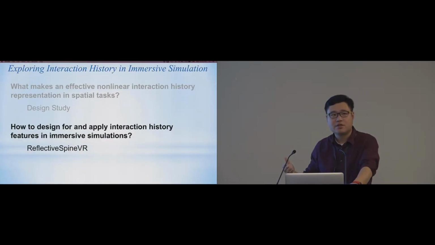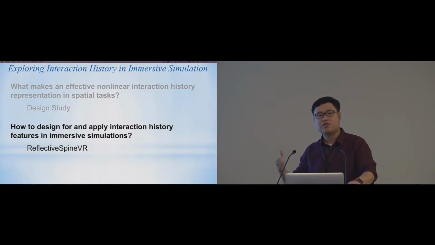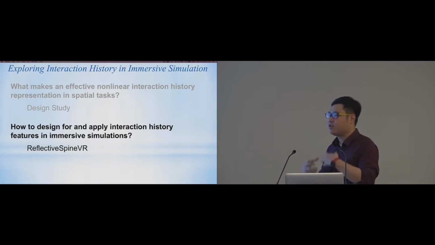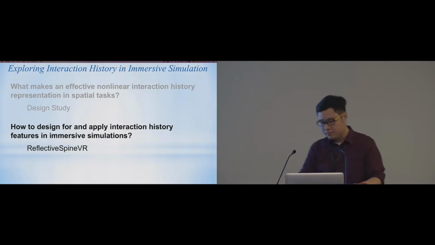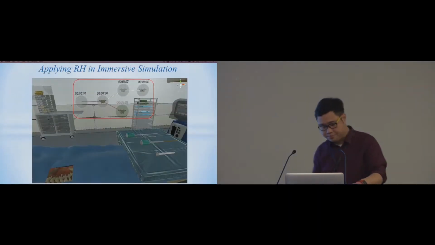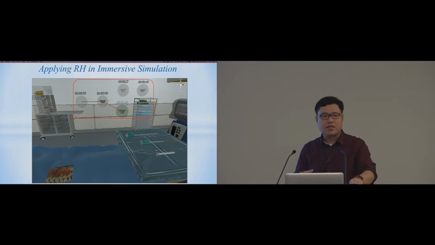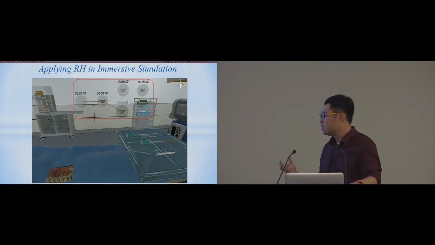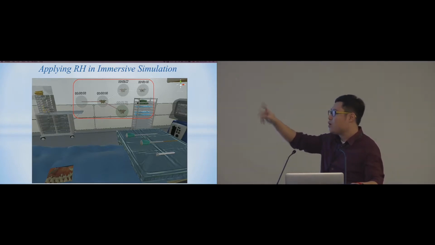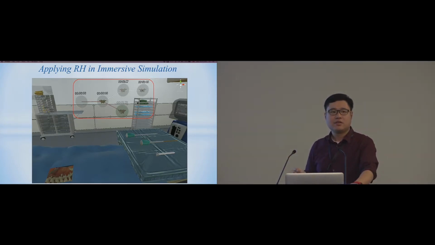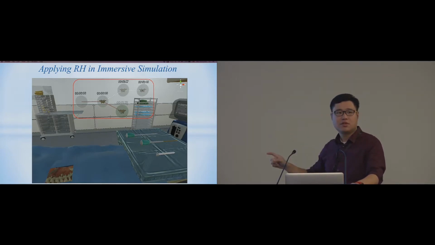Based on those findings, the second thing is we tried to develop a semi-realistic application using those guidelines, and then conduct a different experiment based on that. The idea is to apply this to spine surgery, and on top of that, we use raycasting to allow people to select the nodes.